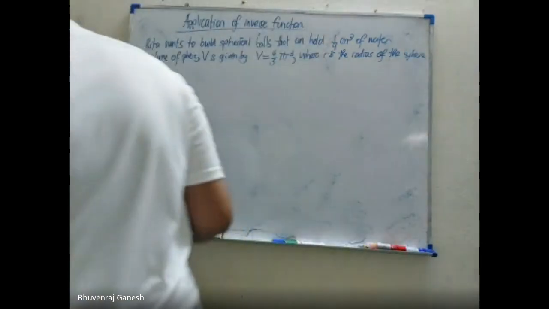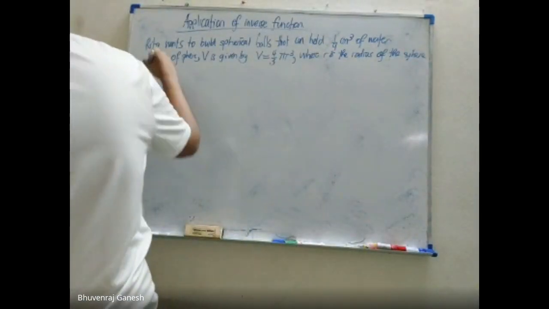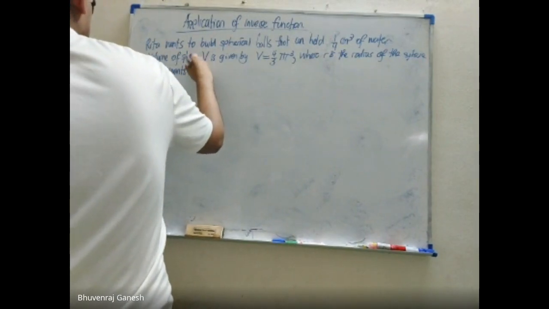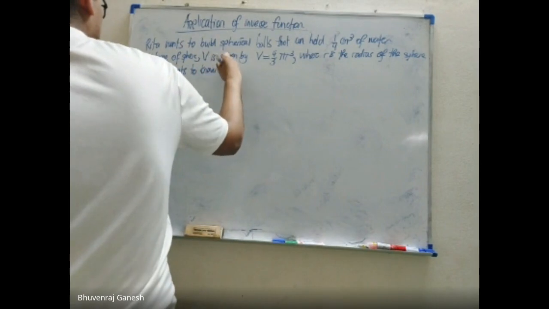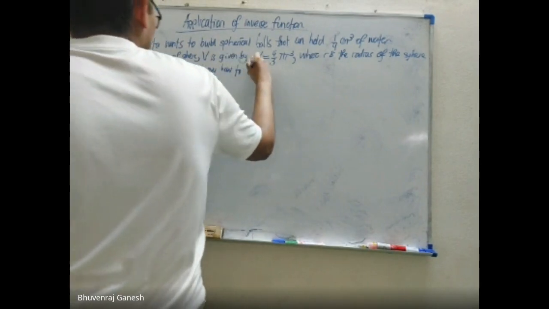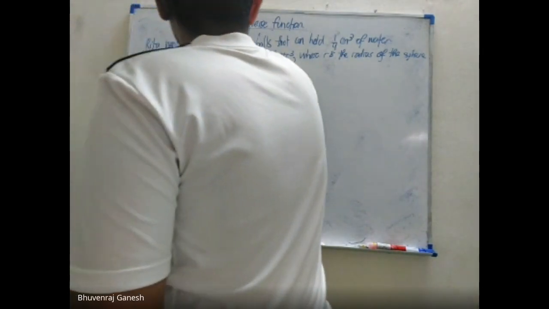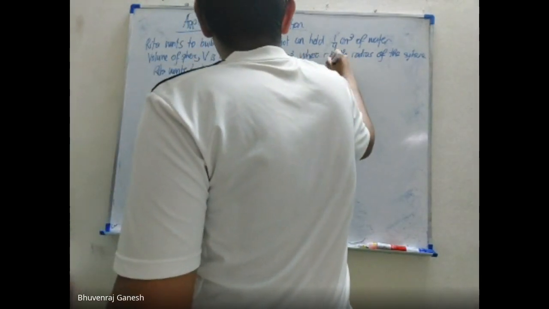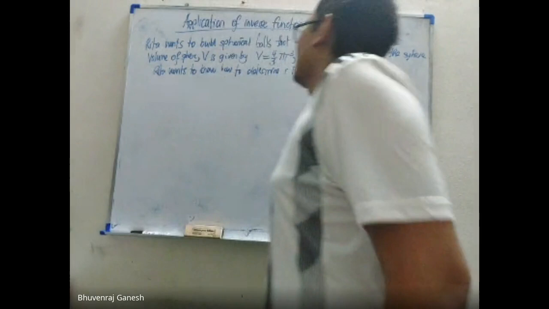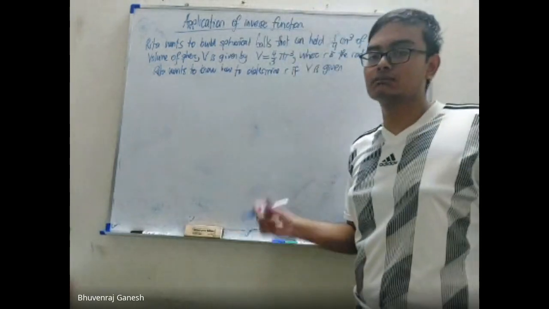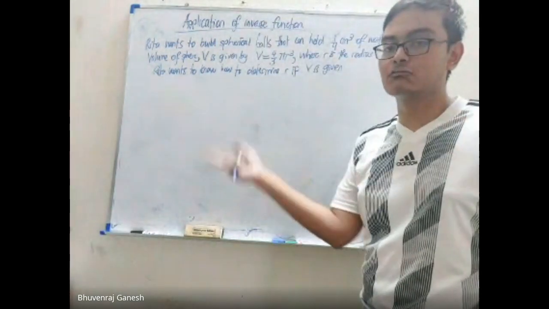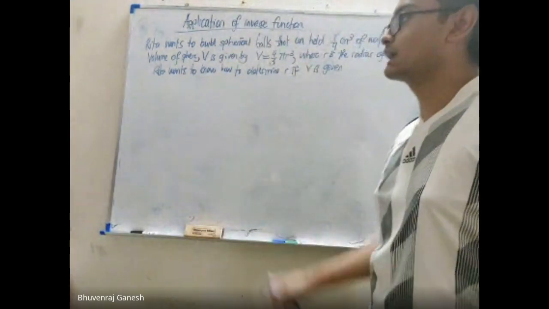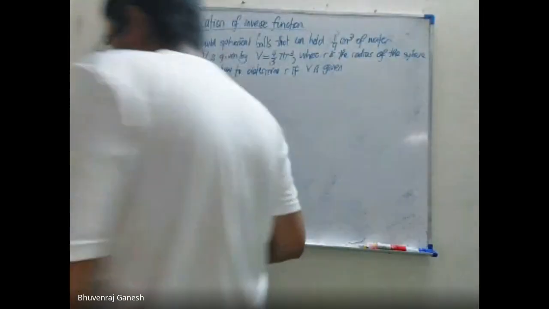Where r is the radius of the sphere. So now she wants to know how to determine r if V is given. So from here you can see a function happening in which r is the object and V is your image. It means with a radius only you can get the volume of an object because it revolves around to form a 3D shape like a sphere.